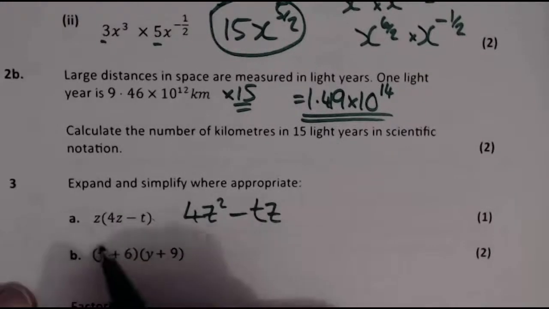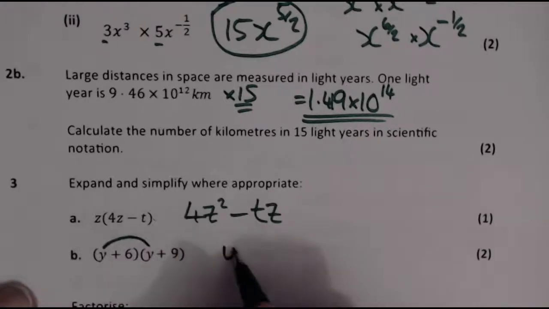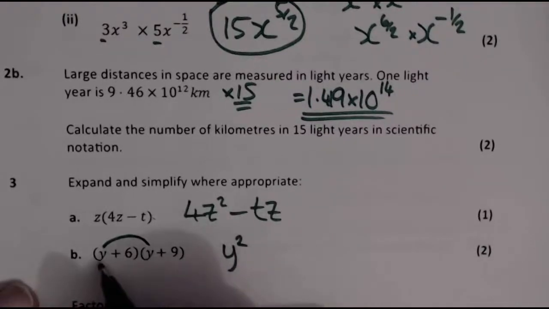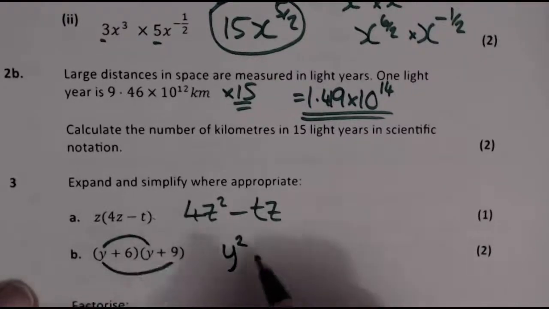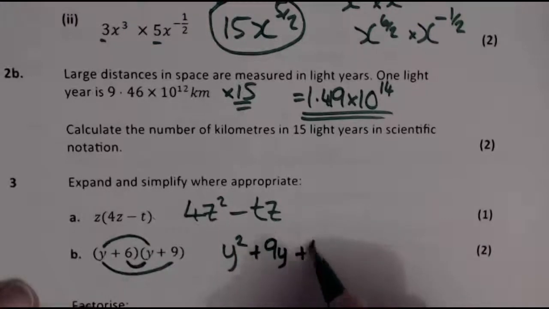This one here, we multiply the first element, so y times y is y squared. We're then going to look at y times 9, which is plus 9y. Then x times y, so that's plus 6y.